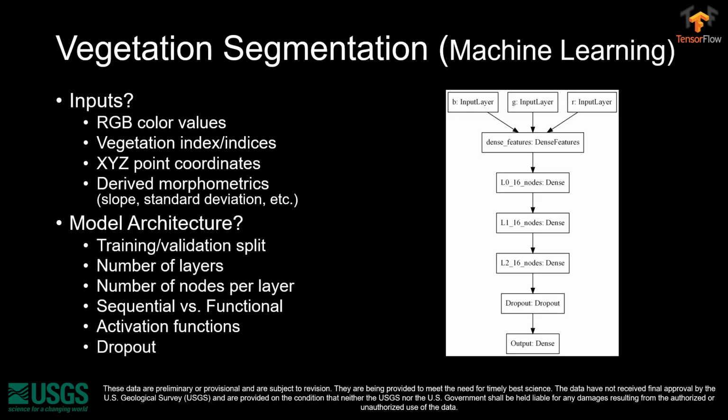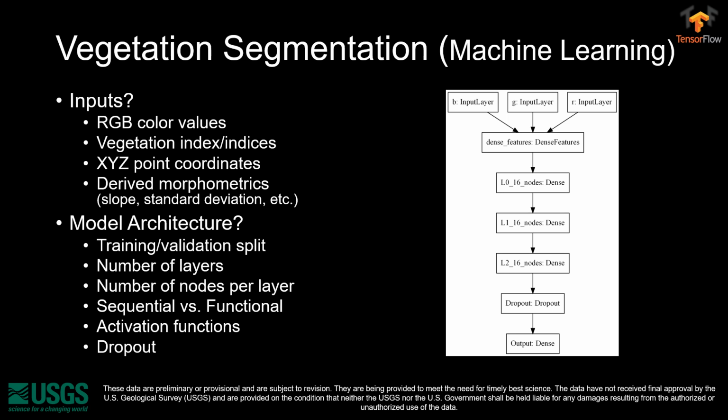So trying to figure out a more objective approach, something a little more accurate and efficient, we're exploring the use of machine learning for this. Machine learning is a catch-all term, so there are any number of different inputs that you can feed into any given model. You can feed in the red, green, blue values themselves, or one or more vegetation indices.